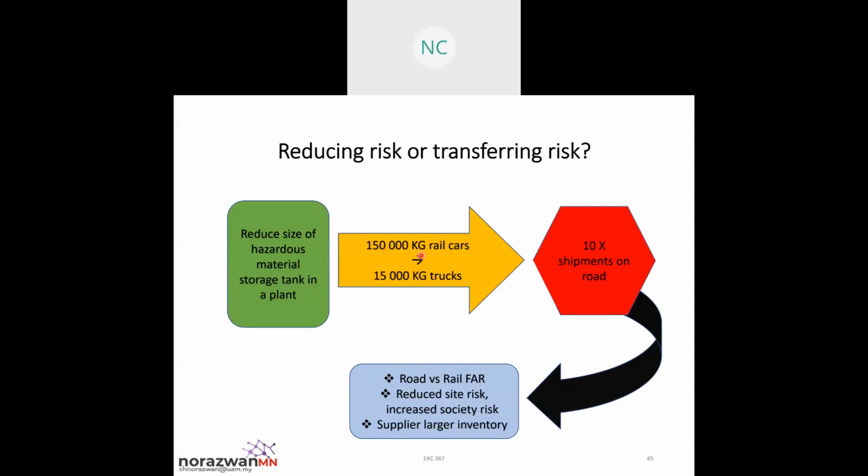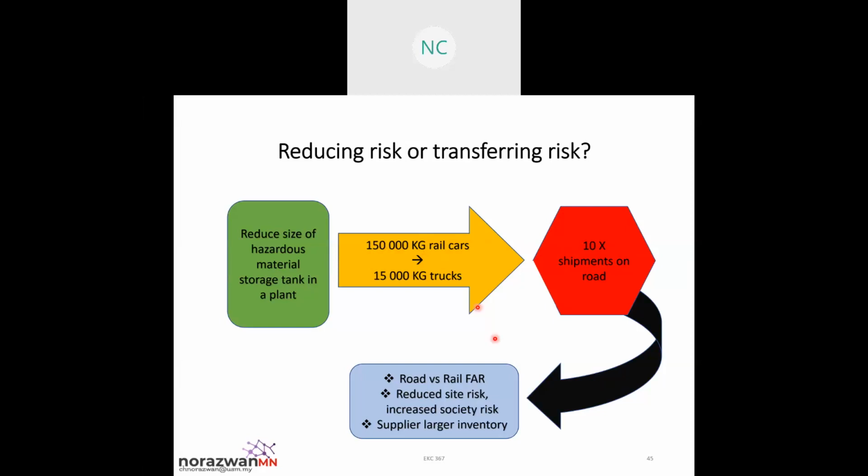That's the issue. Your storage tank also needs to be able to deal with 150,000. The receiver also needs to have 150,000 capacity of this hazardous material.